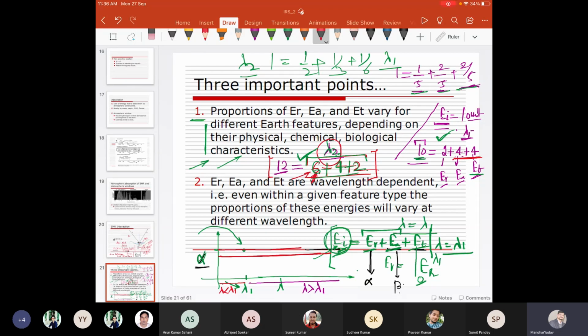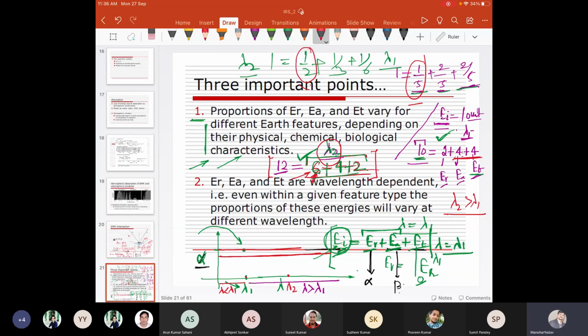Good. See, because at 2 sample points we have already tested it. Just see here it is 1 by 2, while in this case it is 1 by 5. So if we consider only these 2 sample points, then what will happen? Even at lambda 1 location and lambda 2, I think I have selected lambda 2 more than lambda 1, so it could be somewhere here. At lambda 1, what value are we getting?